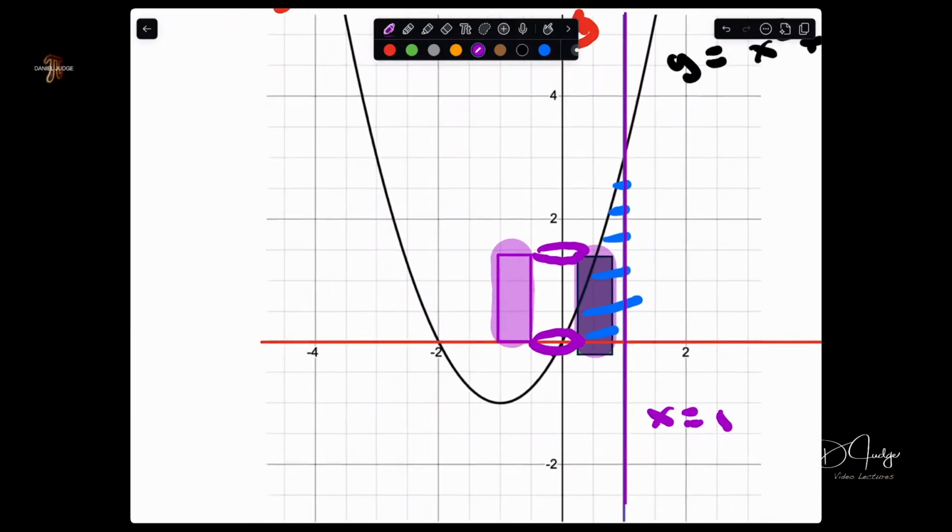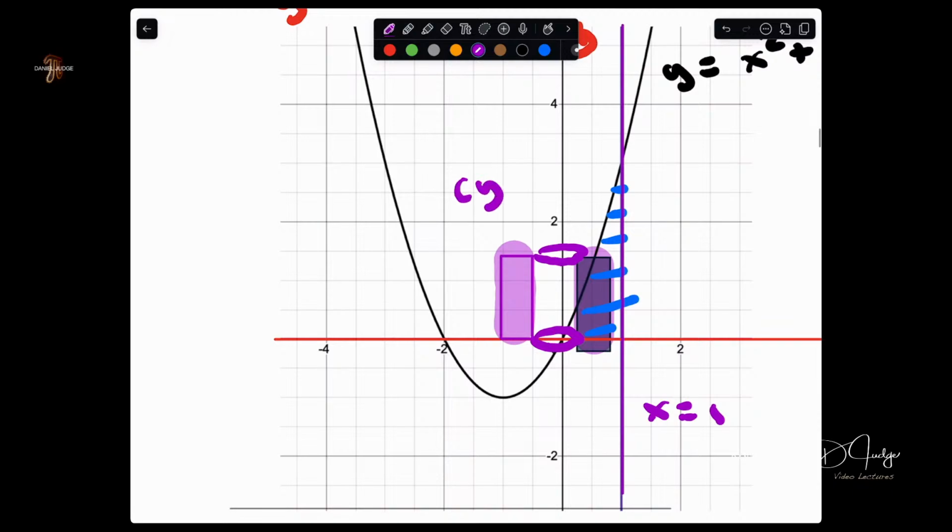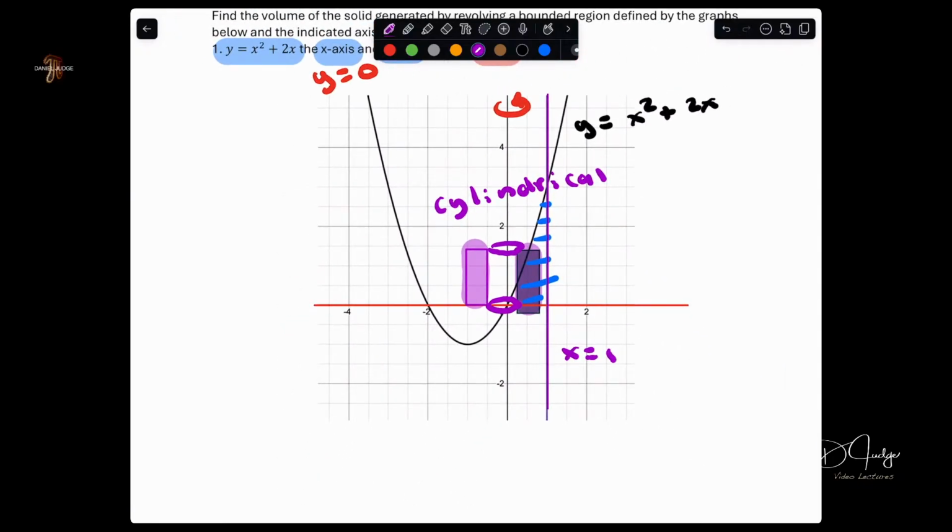This is the cylindrical shell. So I want to write that down, and that's why they call it the cylindrical shell method.